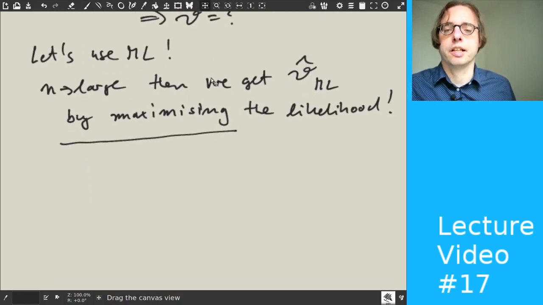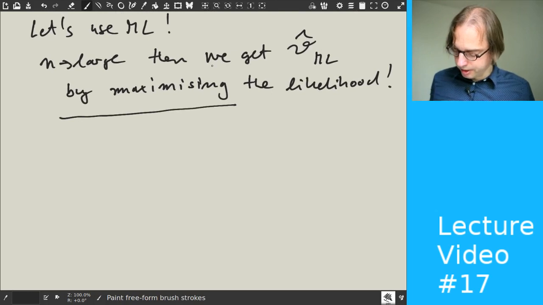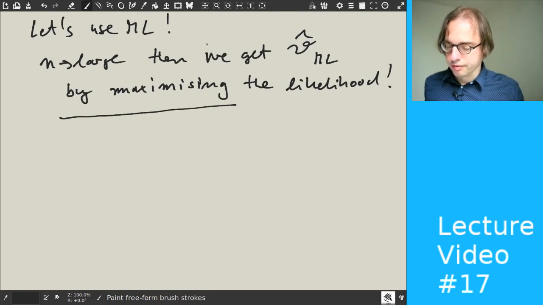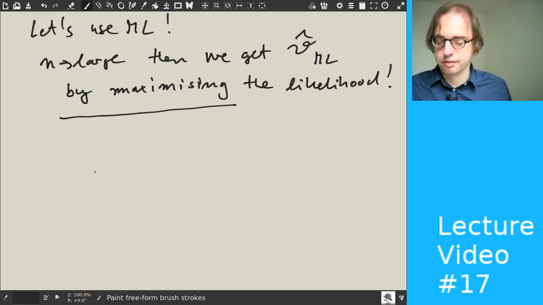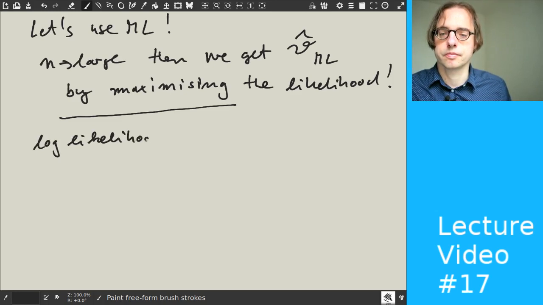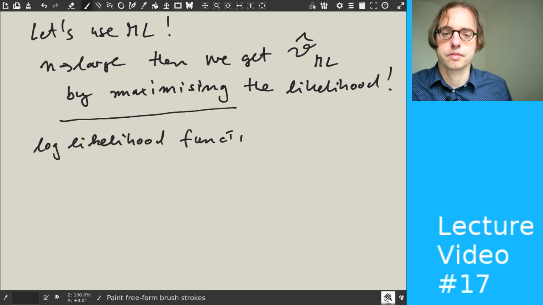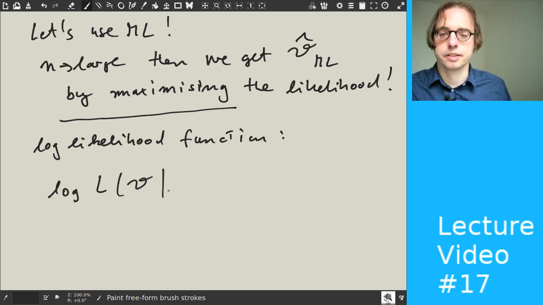So how does it look in practice? In practice we need to write down the log likelihood function. The log likelihood would be as follows: log L of theta. Theta are all these parameters that I mentioned above.